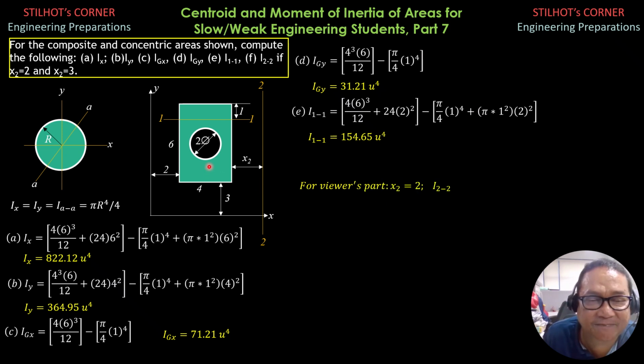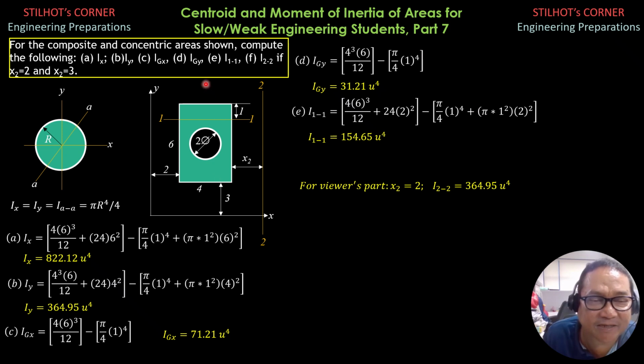Then with respect to the axis 2-2, you may use this idea, transfer the centroidal moment of inertia to axis 2-2, and x2 is 3 this time.